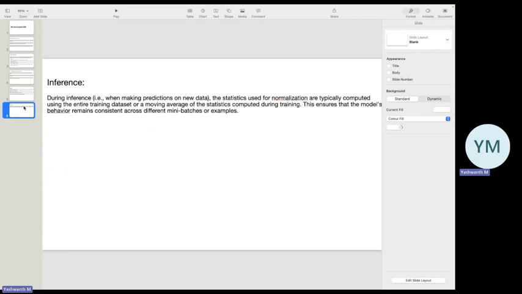During the training, these running mean and variance buffers are kept updated in each batch. During the inference, these buffers are frozen and the training time updated buffers are used during the test to do the inference.